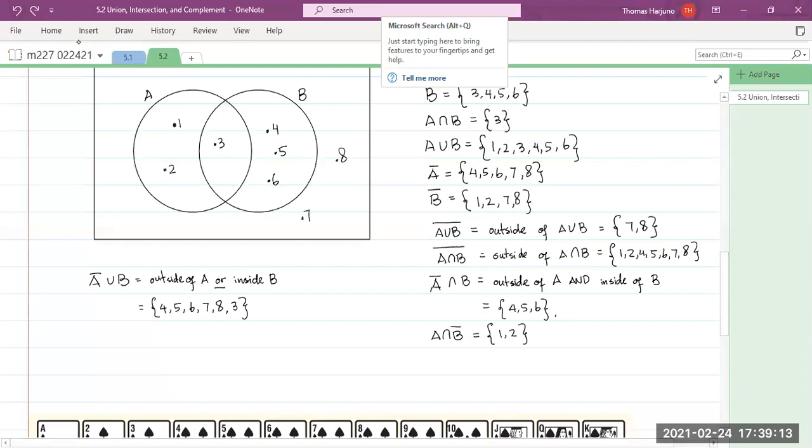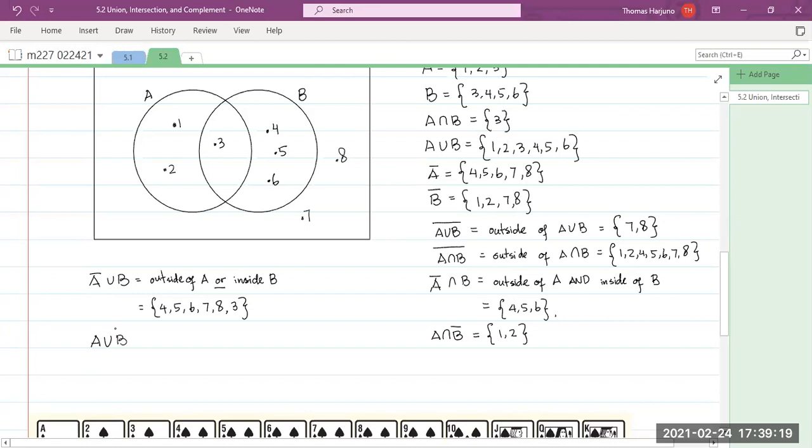Okay, let's try one more. What's A union complement of B? Okay, I'll give you 1 minute to think about this. Okay, what will that be?